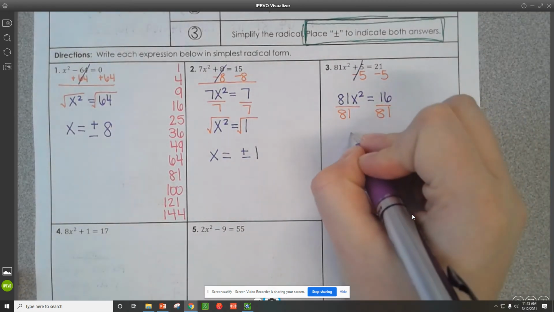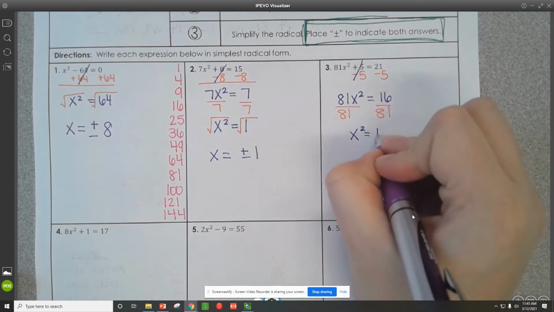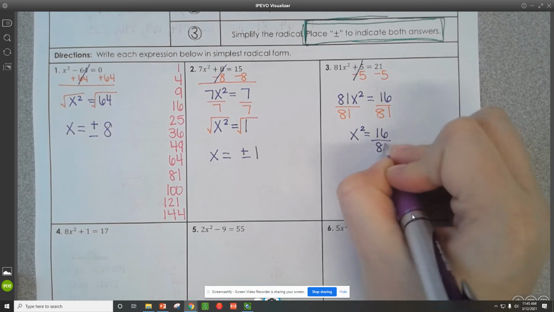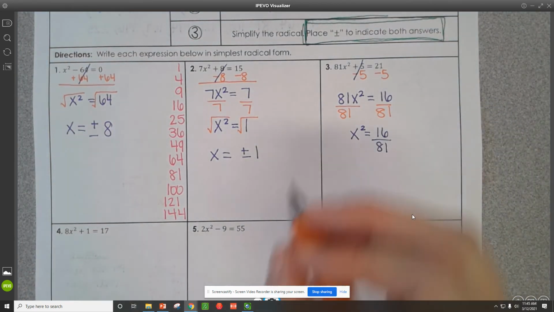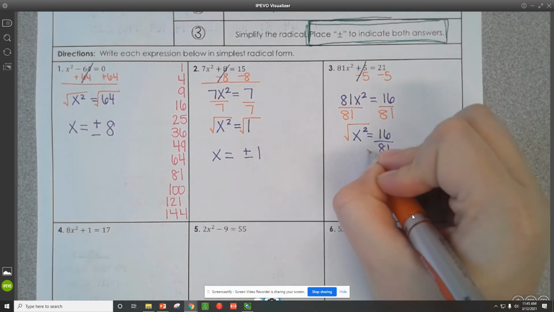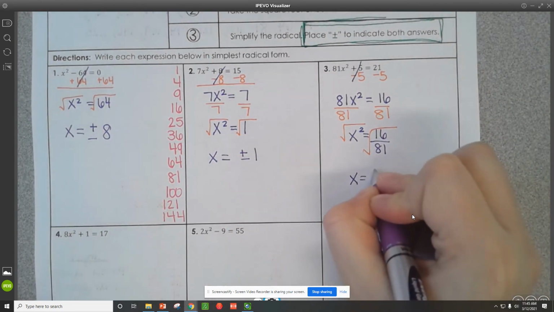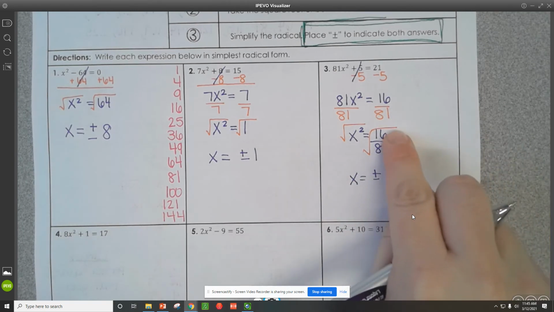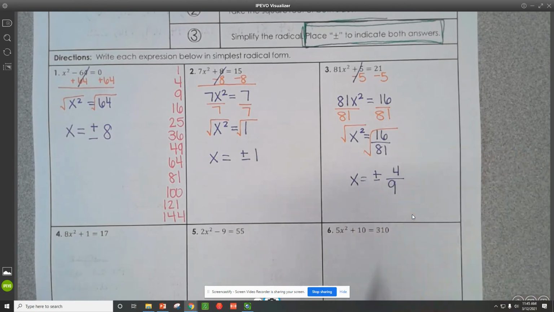But remember, on the front side of the page, we worked with square roots of fractions. So let's just leave it as a fraction. And then I take the square root. So x equals plus or minus, the square root of 16 is 4. Square root of 81 is 9.